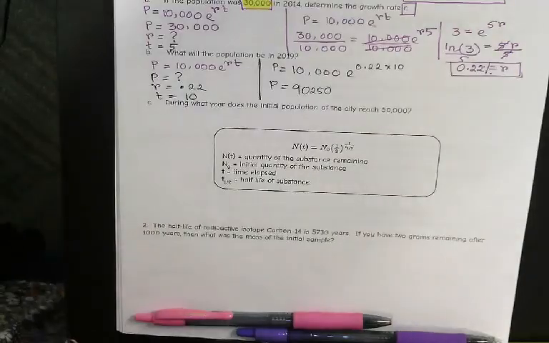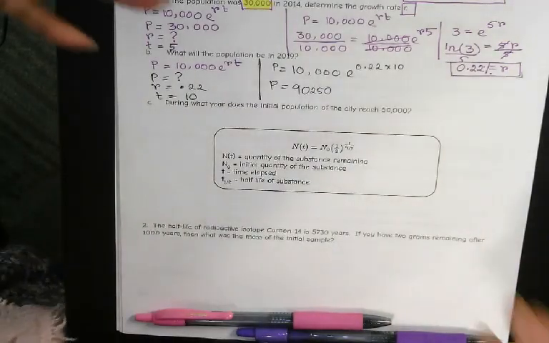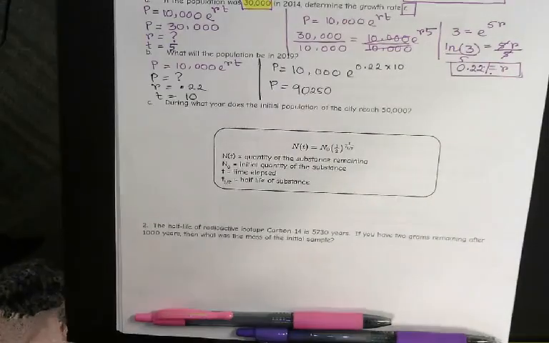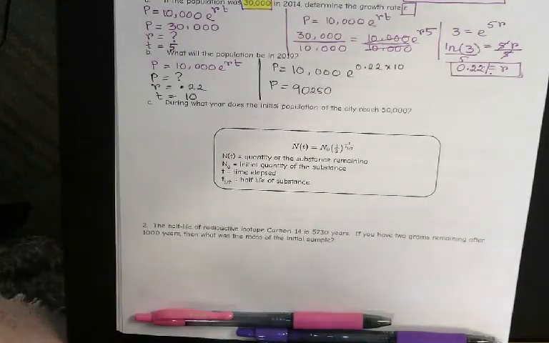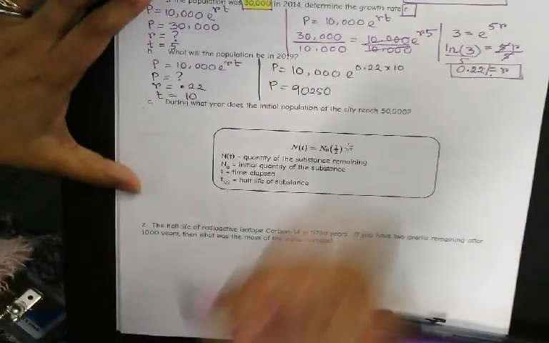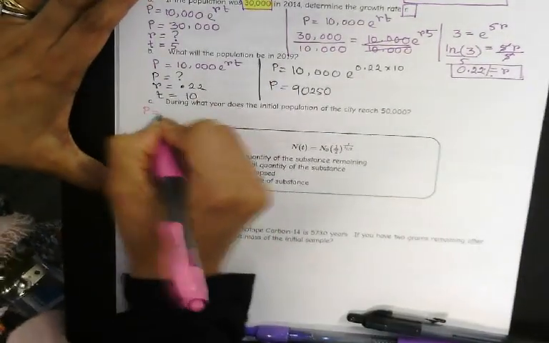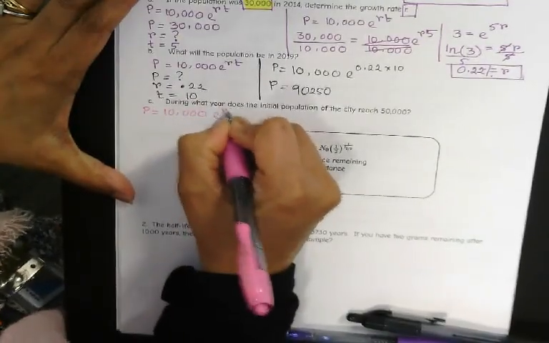Let's do C. During what year does the initial population of the city reach 50,000? So what are we trying to find? The year, the T value. So this is my equation: P is equal to 10,000 e to the power RT.